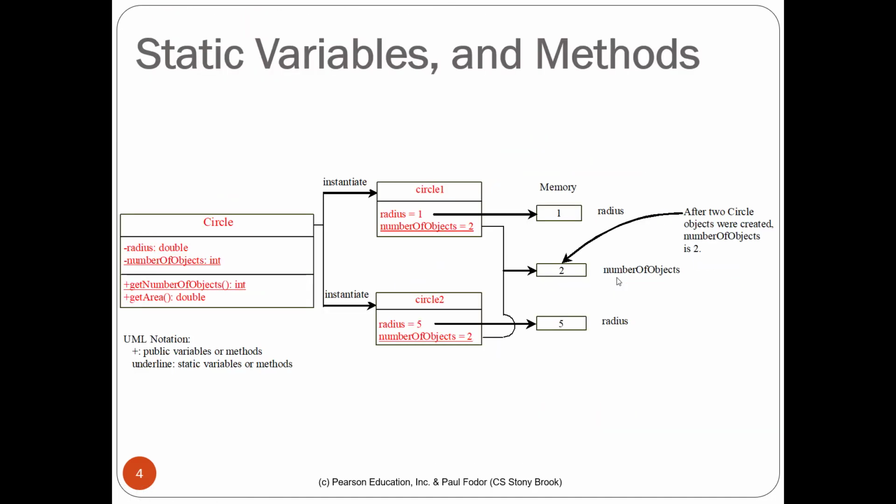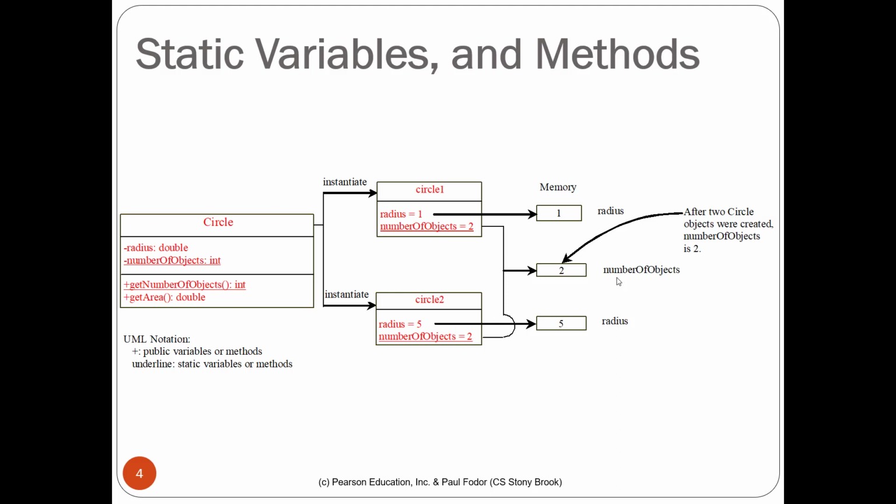Good. Let's move on. Now this is a slide based on our discussion on static and non-static. We had a discussion about static and non-static in the previous class, but let me add more detail.